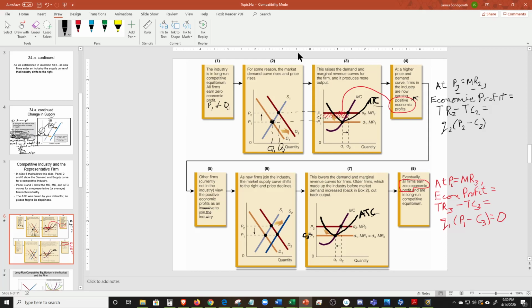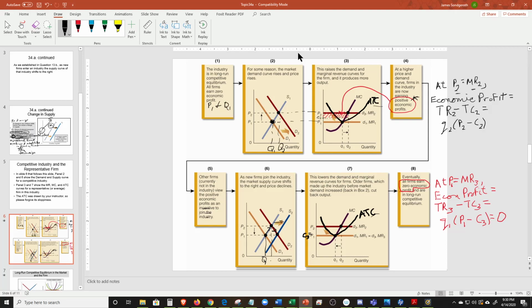So what happens, of course, is the demand curve moved out, and we moved up here. And then as those other firms move, of course, the supply curve moves out, and it continues moving out until the price falls to here. Let's see what happens to quantity here. So before the industry was disturbed by this increase in demand, we were at Q1.